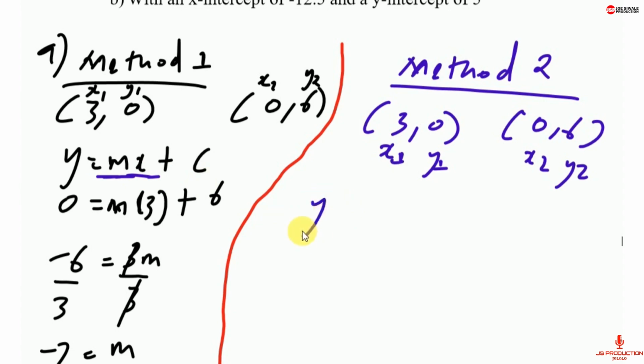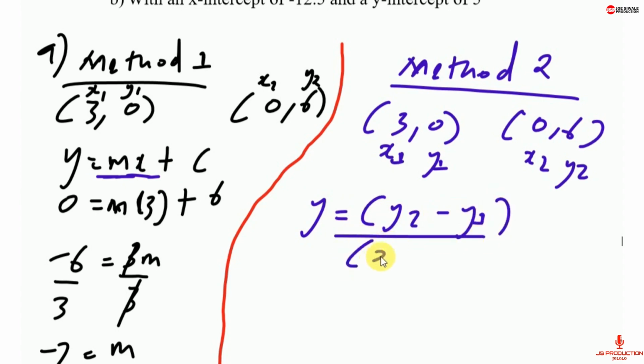So we know that gradient can be calculated as y2 minus y1 divided by x2 minus x1.